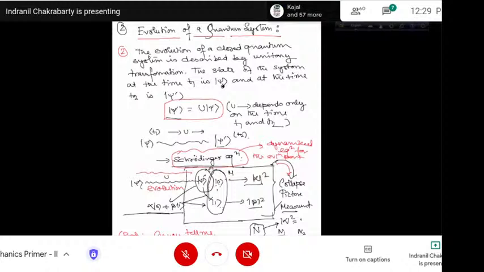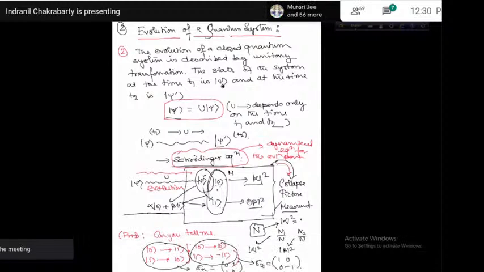Because it is a two-level system, any vector is a|0> plus b|1>. Now if you try to measure alpha|0> plus beta|1>, you will get 0 with probability |alpha|^2, and 1 with probability |beta|^2.